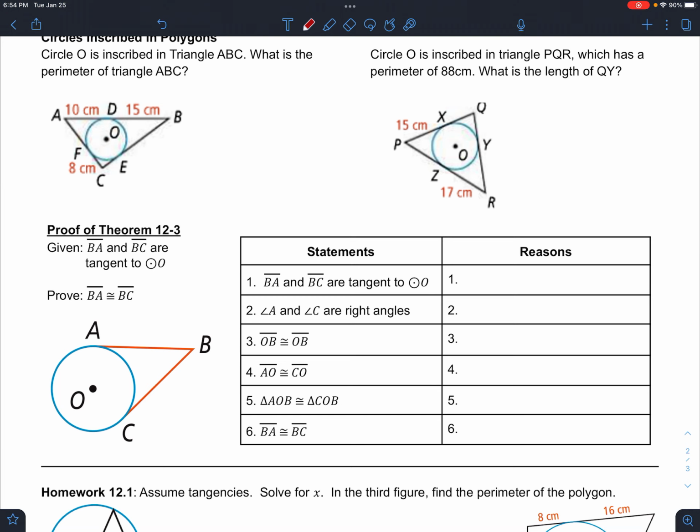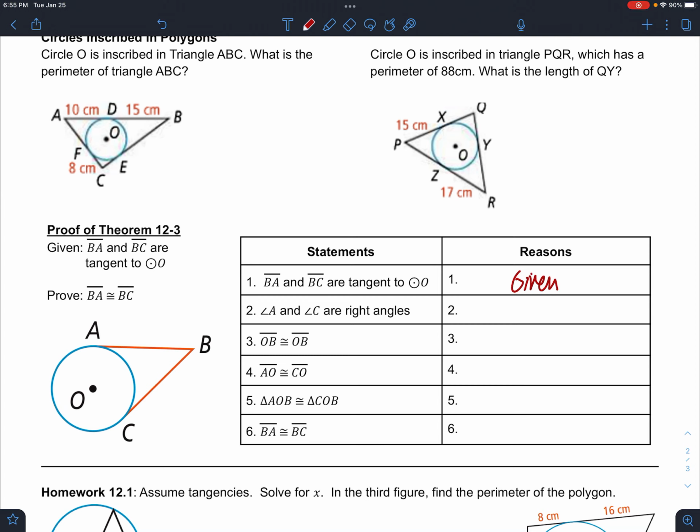So again, we have two tangents to circle O, and we want to prove that these two red lines are congruent. Okay, so let's see what the argument goes by, and we'll give all the reasons for it. So this is given.